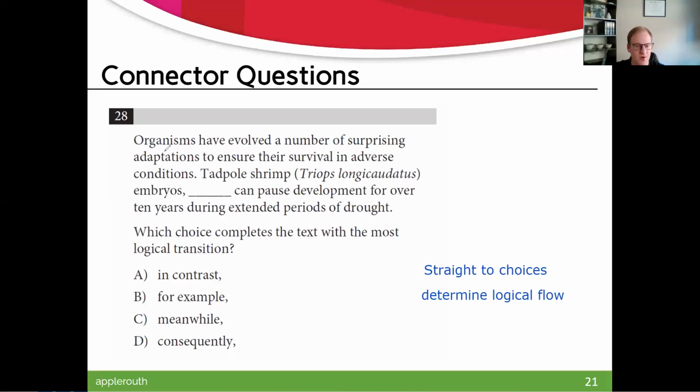Organisms have evolved a number of surprising adaptations to ensure their survival in adverse conditions. Tadpole shrimp embryos, blank, can pause development for over 10 years during extended periods of drought. Well, that one's an example. So like there's no contrast, and then consequently means therefore, but there's no cause and effect. Right, so if you're not confident with what all the connector words mean, you review that, but it's really just going to be about what the logical flow and connection is.